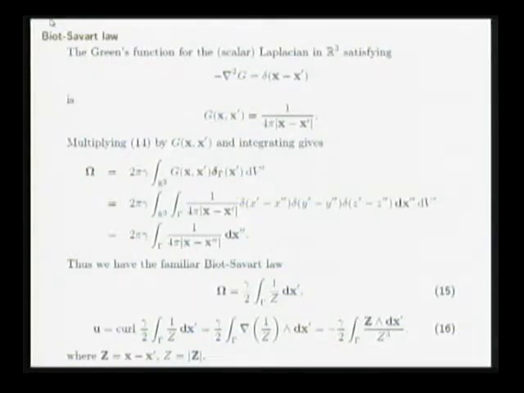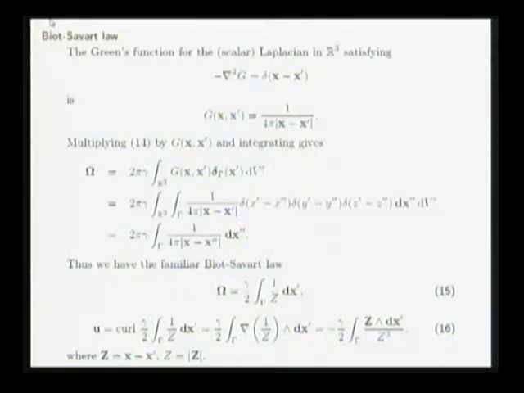So this bit is a scalar. This is a vector: remember, this dx double prime is a vector in the direction of the tangent to the curve. So this is the familiar Biot-Savart law, where I can work out the stream function. If you tell me what the vortex filament is, where the curve is, and what the strength is, then this integral tells me what the stream function is at any point in space.